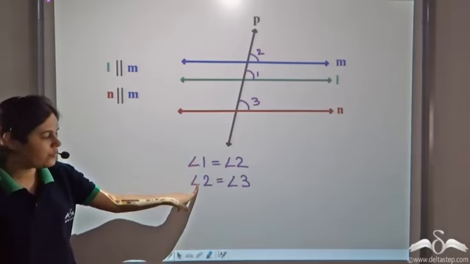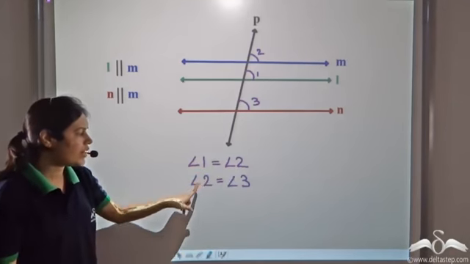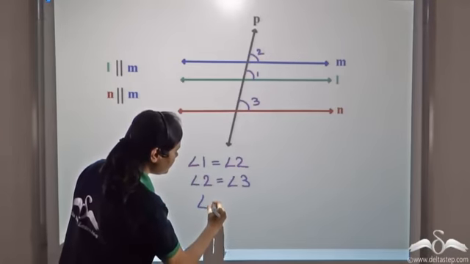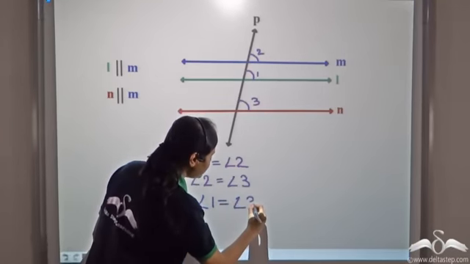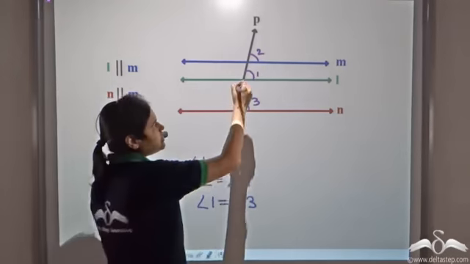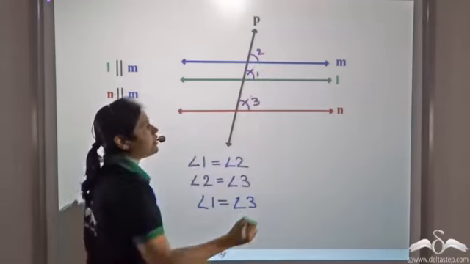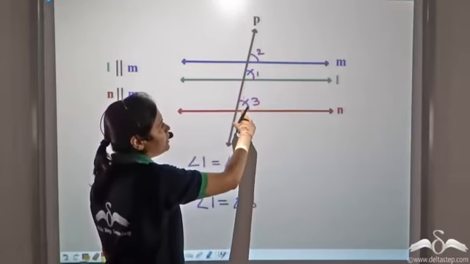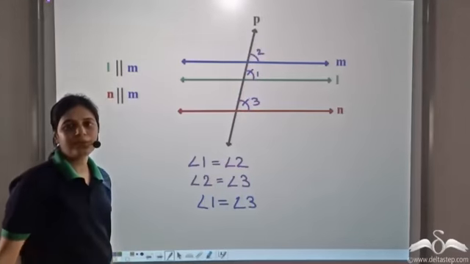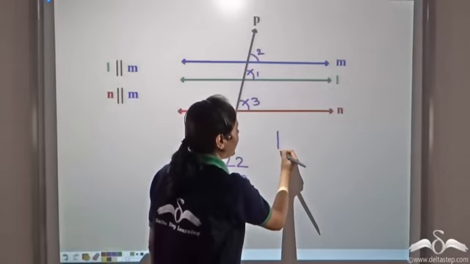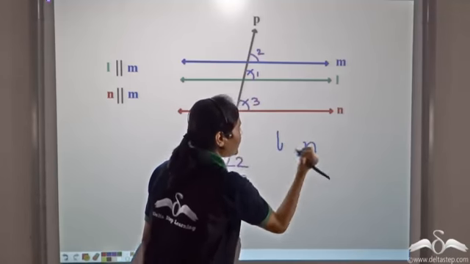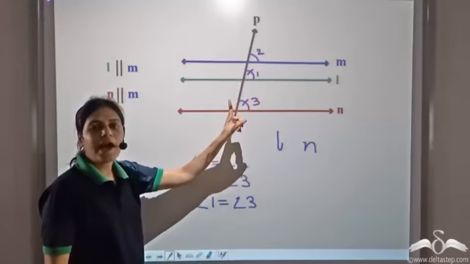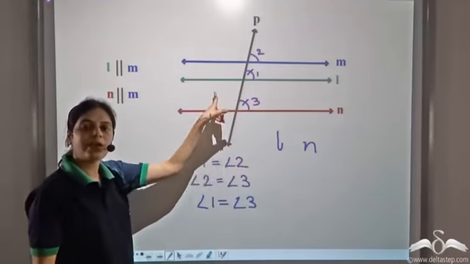From these two, we have 1 equal to 2 and 2 equal to 3. This means that angle 1 is equal to angle 3. That is, this angle is equal to this angle. But these are the corresponding angles of L and N. And we know that if corresponding angles are equal, then the lines are parallel.